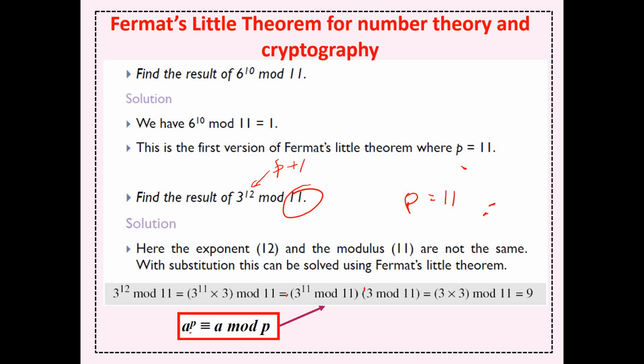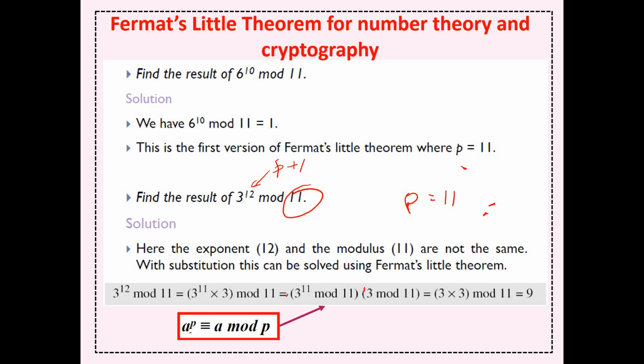Instead of computing this part, you can apply the second rule, because this is a to the power p congruent to a mod p. Here our a is 3, and p is 11. So the output of this will be a.